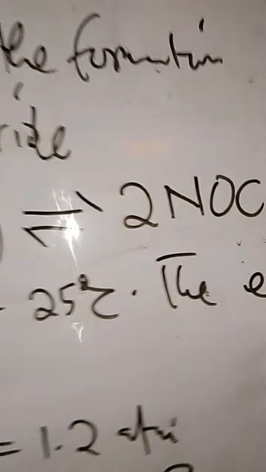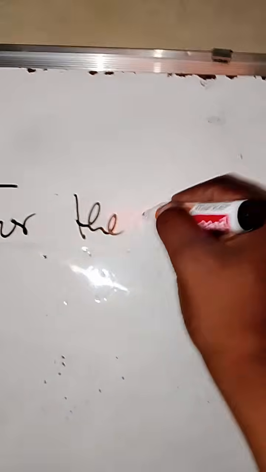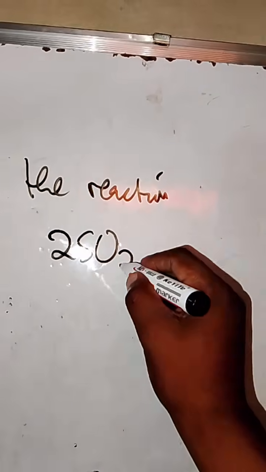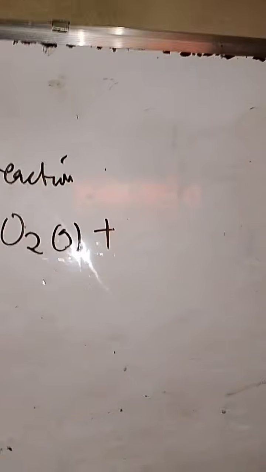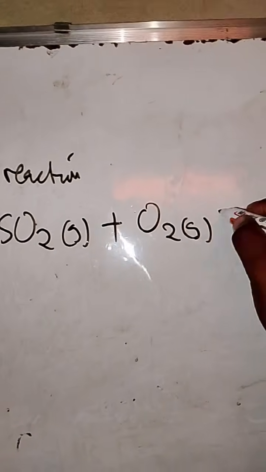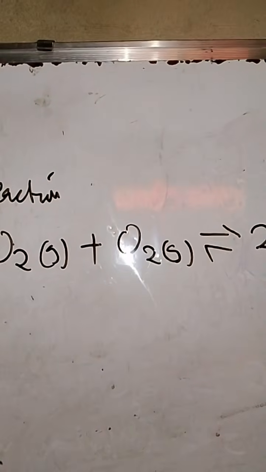Okay, now look at another example. For the reaction, sulfur dioxide plus oxygen gas forms sulfur trioxide.